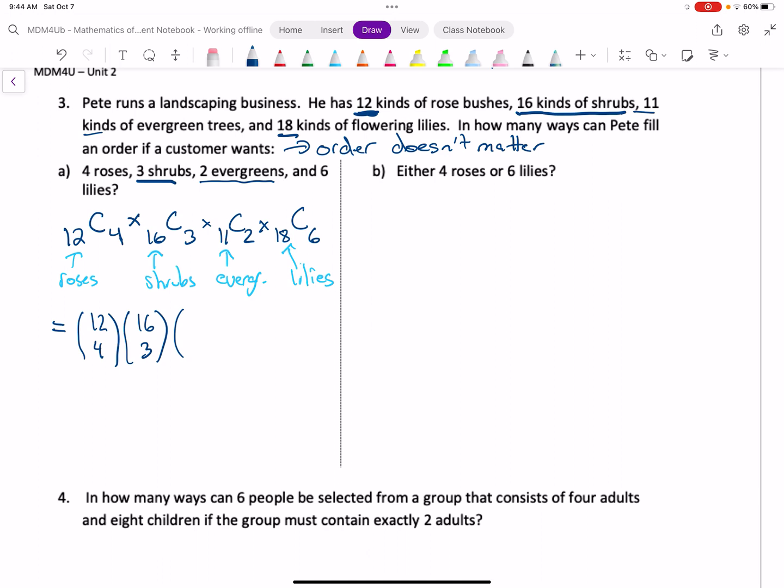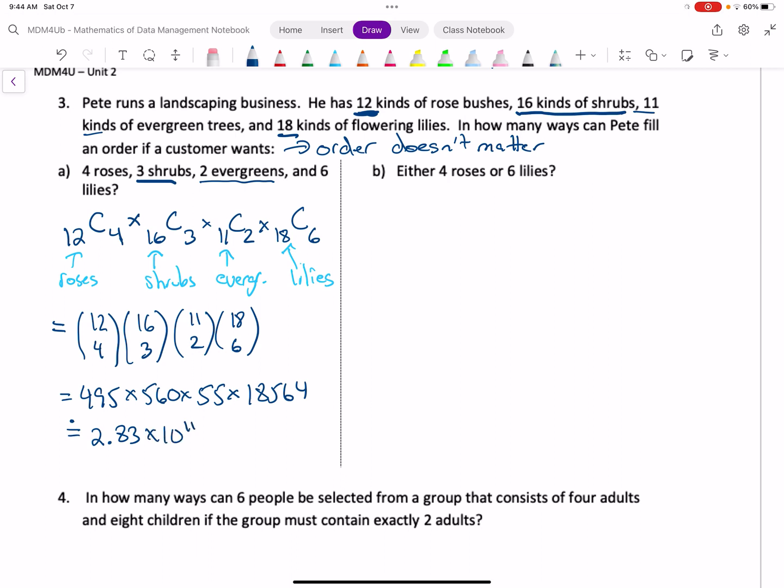And so a lot of people probably prefer this second method because it's just less writing. And it represents the same thing. So you would punch all this into your calculator using the combination button and then multiply those values together. So if I do that, I end up with a big number, of course, and 2.83 times 10 to the exponent of 11.